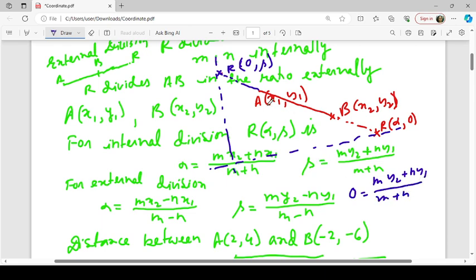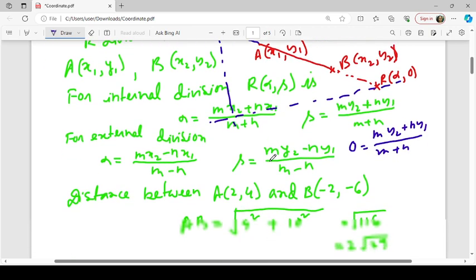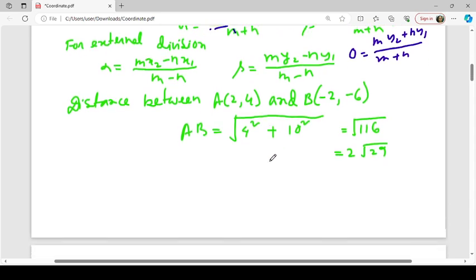And for this R dash, 0 will be equal to m x2 plus n x1. So in this way you can find the ratio m and n, because the coordinates will be given. So this is all about ratio, proportion, Cartesian system, polar system, and distance between 2 points.